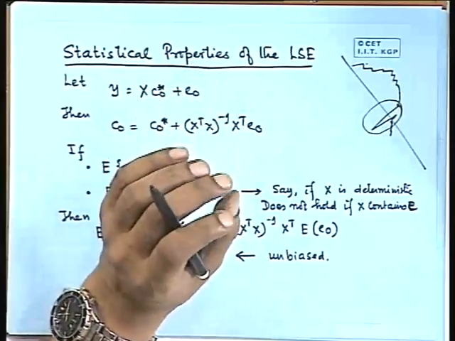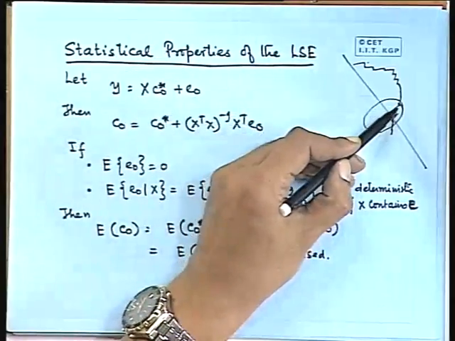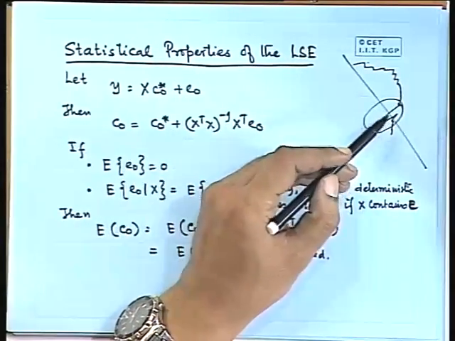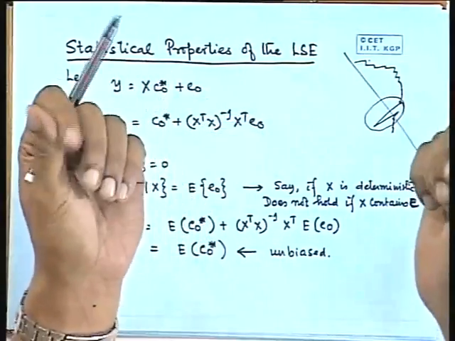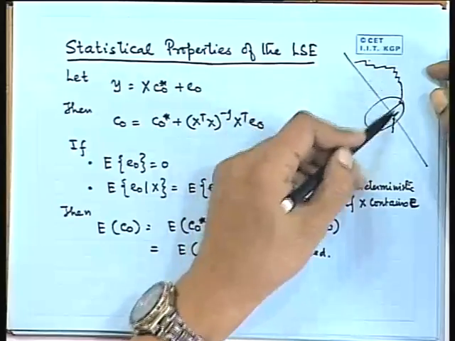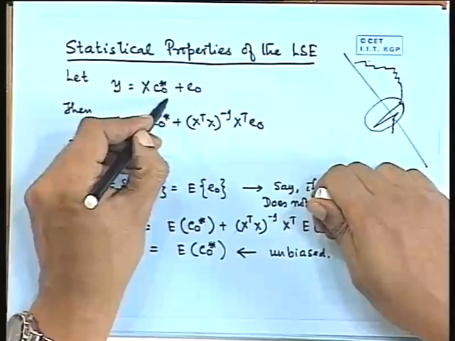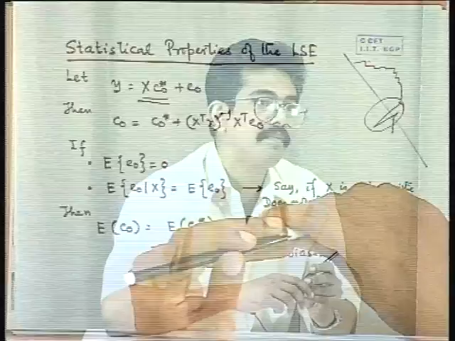Now, this is a peculiar problem with neural nets, and does not generally happen with other kinds of estimators, but I am mentioning it just to emphasize the point on generalization. If I train my neural net, I am tweaking the weights of the neural net such that this data set is nicely approximated. So I am actually solving an LSE problem, but my model is not this. My model is a much more complicated nonlinear model.